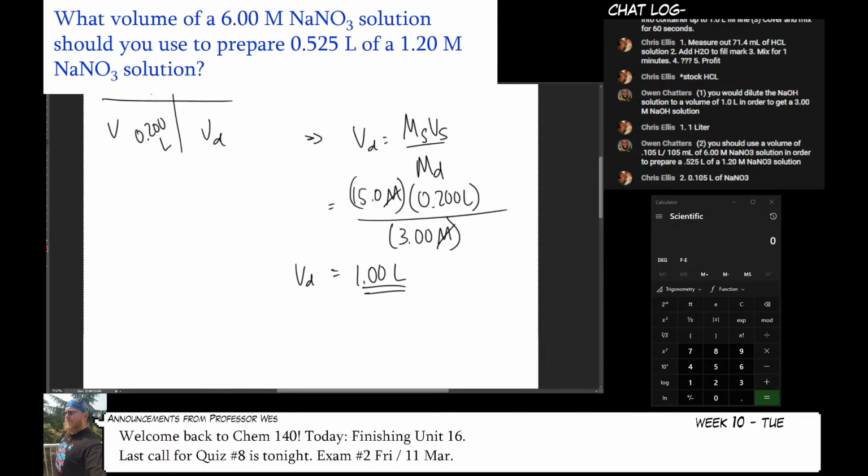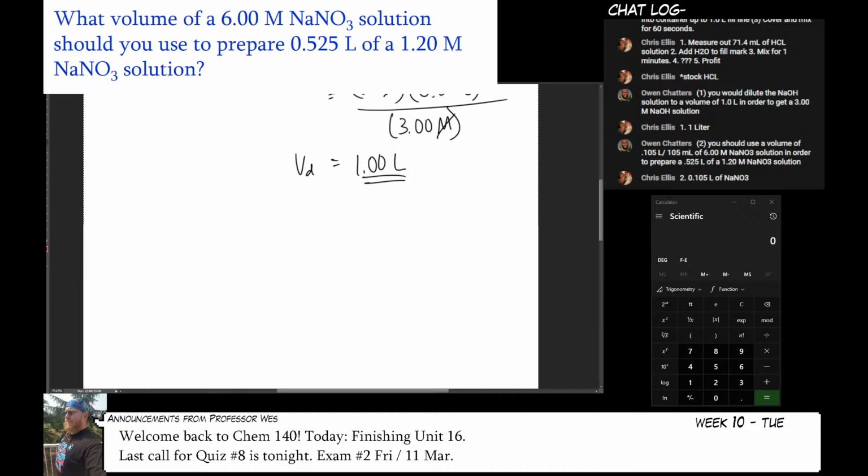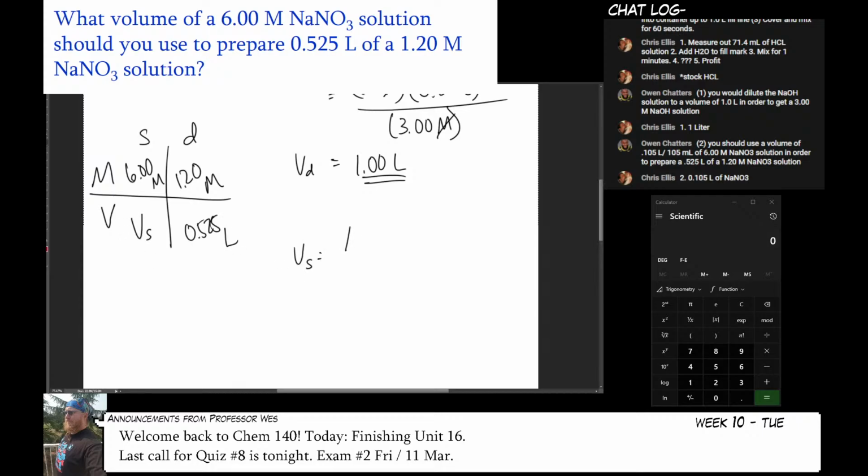All right. This one, it looks like I just chose some random numbers. So I have 6 molar NaNO3. So we're going to start with 6 moles per liter. And we're going to end with 1.20 moles per liter. And I want 525 milliliters. And you already know how to rearrange the equation by now, so I'll spare you that part. So dilute molarity, 1.20.